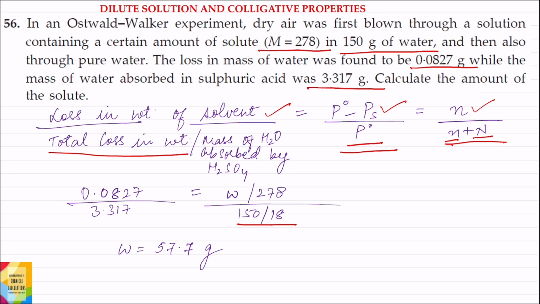And in the numerator, the moles of solute can be written as weight of solute, which is denoted by W, divided by molecular weight of solute, that is 278. And this is equal to 0.0827, that is loss in weight of the solvent, divided by total loss in weight or mass of water absorbed by sulfuric acid, that is 3.317 gram. Solving, the weight of solute is 57.7 gram.